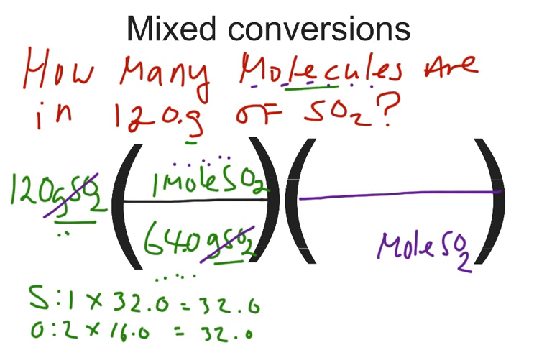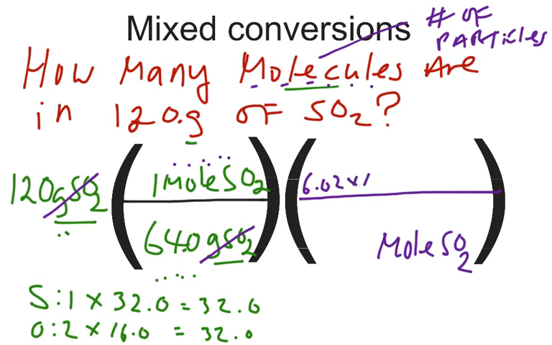Since molecules is a type of number of particles, we need Avogadro's number, 6.02 times 10 to the 23rd molecules of SO2.